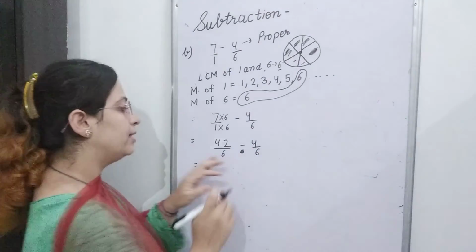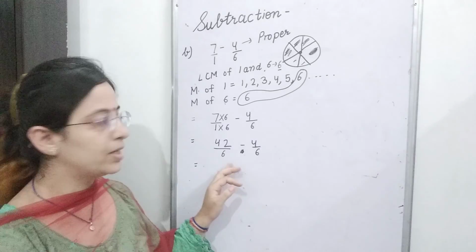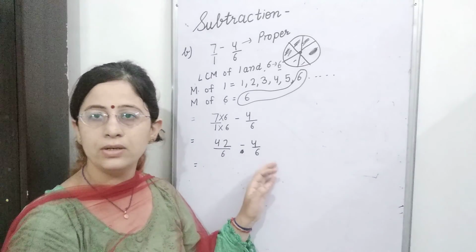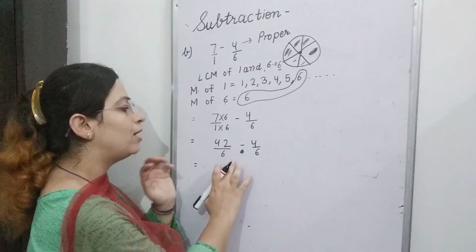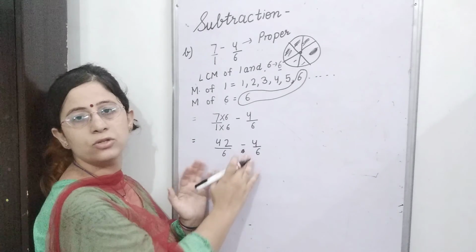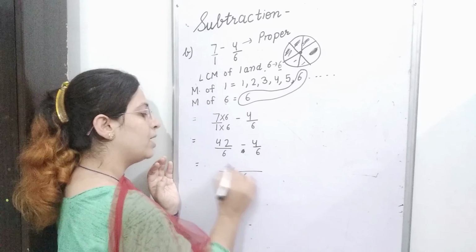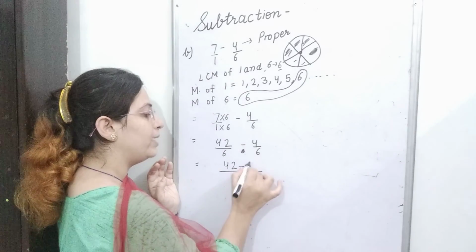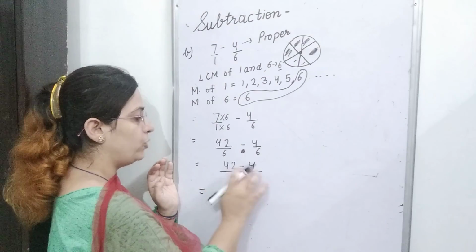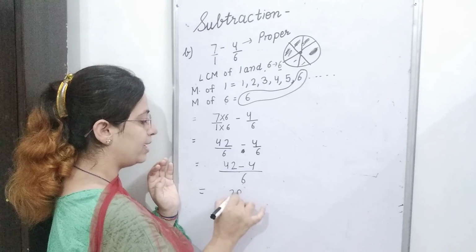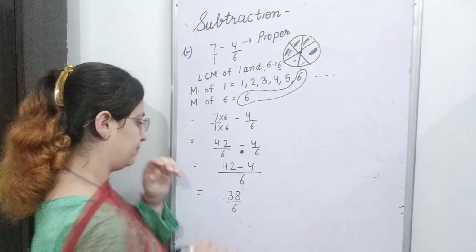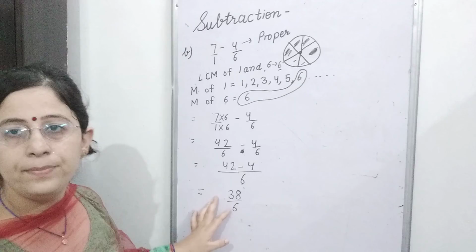Now you can see the denominators are same. Here is 6 and here is also 6. Now how can we solve this fraction? Just keep the denominator same and subtract the numerators. 42 minus 4 will be 38 by 6. Again this is an improper fraction.